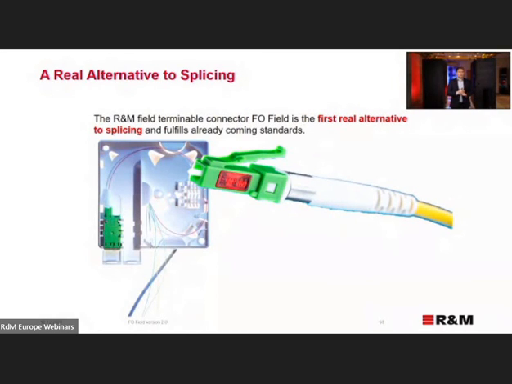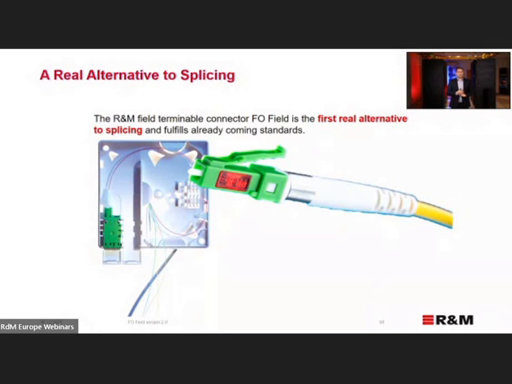At the moment this is version 2.0, but to tell the truth, this is the third version of the connector, improved from the previous ones. And as I mentioned, this connector is good enough with the attenuation and return loss.